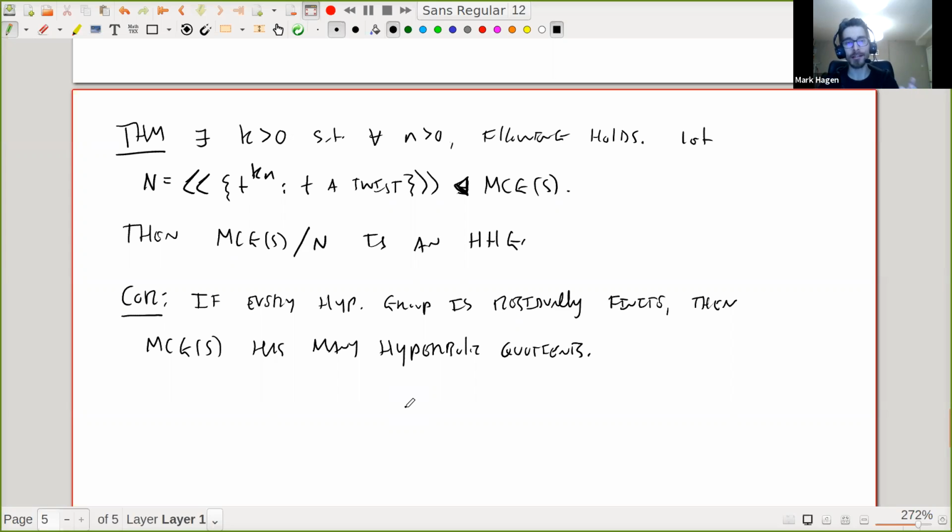So the reason why I like this corollary is, on one hand, it could turn out that someone comes up to me tomorrow and says the mapping class group of a genus 17 surface doesn't have any hyperbolic quotients for some other reason. Therefore, there's a non-residually finite hyperbolic group.